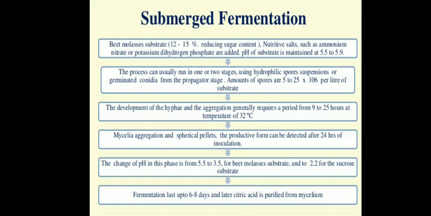Then the next step is sterilization of the medium. The sterilization is carried out with the help of heat treatment. The medium is heated up to 110 degrees Celsius for near about 15 to 20 minutes.